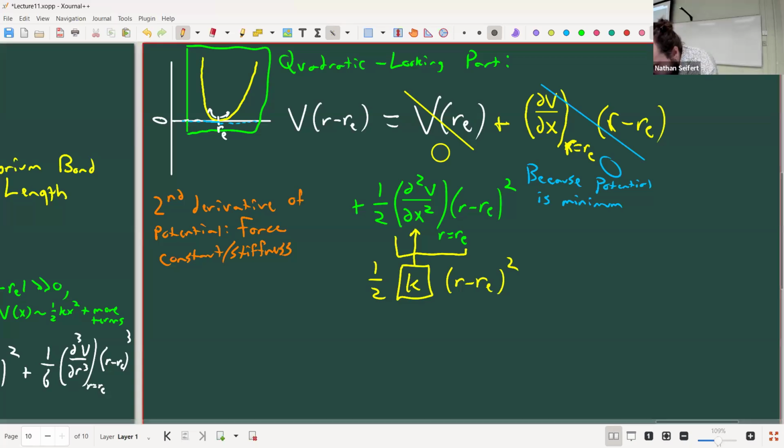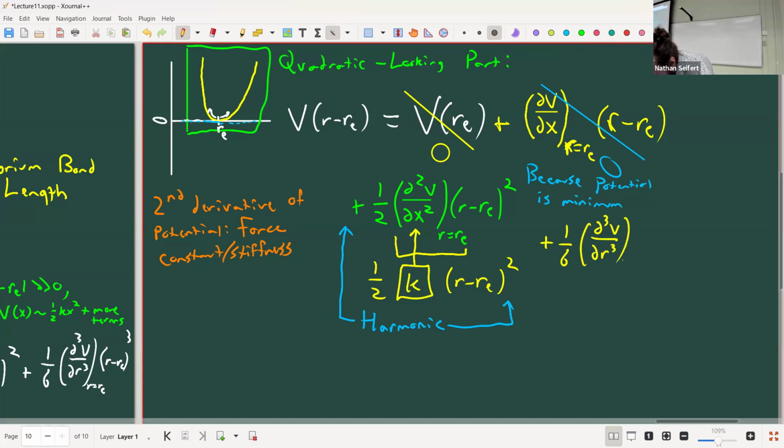So in some sense, we have the harmonic part, which is just the second derivative term. And then we go to the next term, 1/6 times the third derivative. And then there's a fourth derivative term you can imagine.